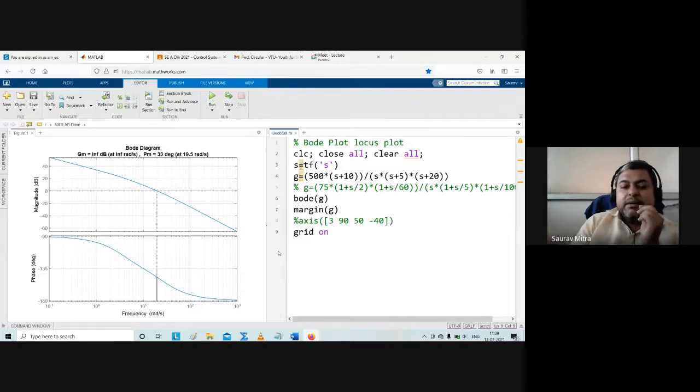Now as I have pushed the 0 before the last pole, that is, before 20 I have brought one 0. So this is not allowing the phase to go below minus 180, because you can check it is not going below minus 180. And the system has become stable.